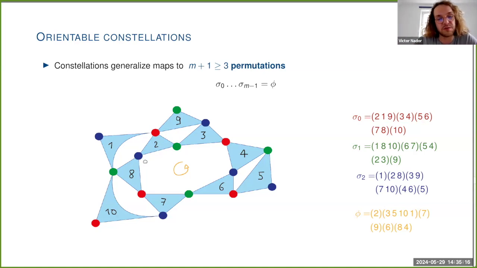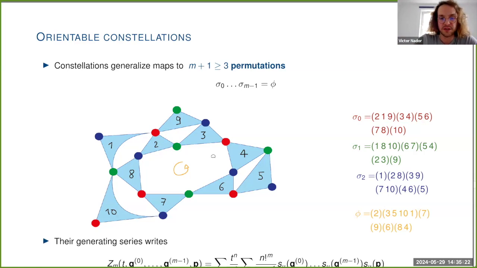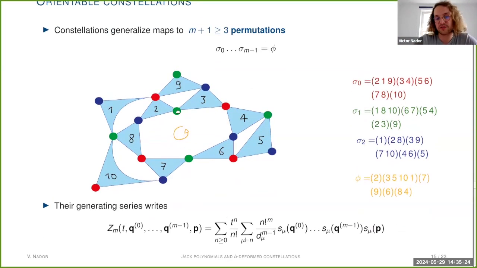One way to do that was found by Chapuis and Dołęga, who introduced non-oriented constellations. As they generalize this property of factorizing the identity, they take a similar form as in the maps, in the sense that you again have a sum over partitions, and then a product of a Schur function evaluated on the set partition.